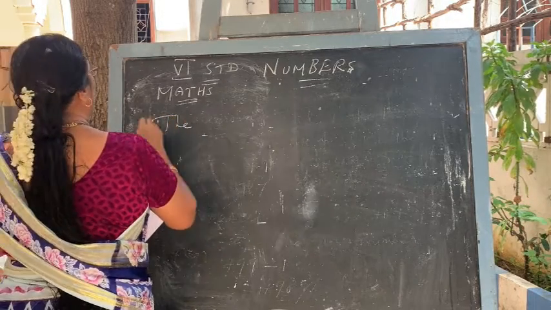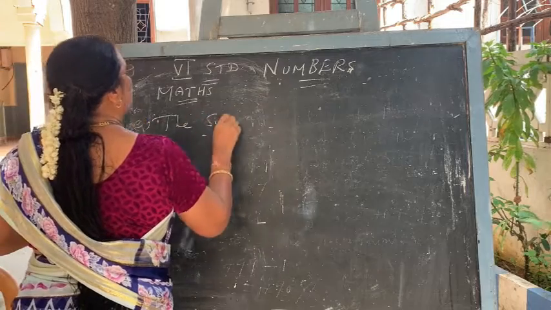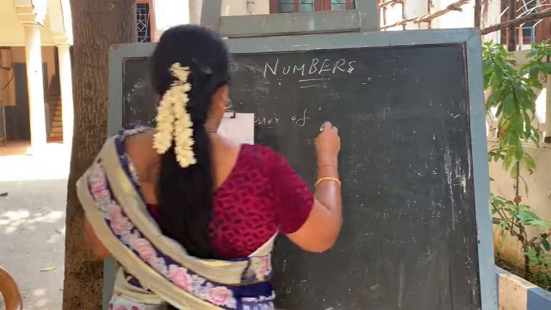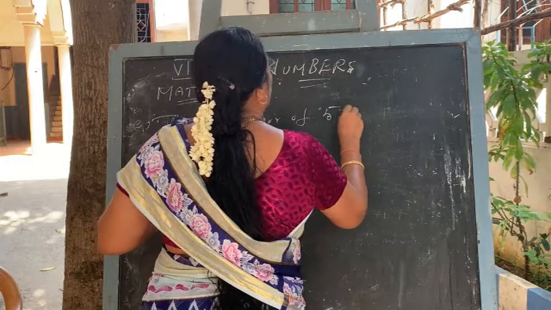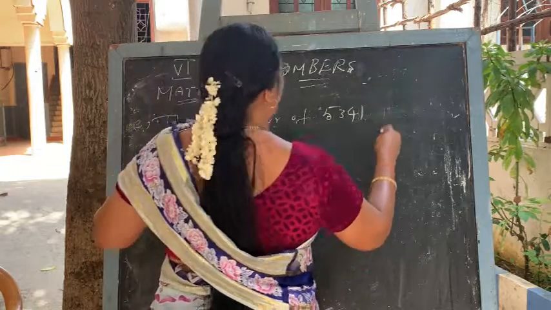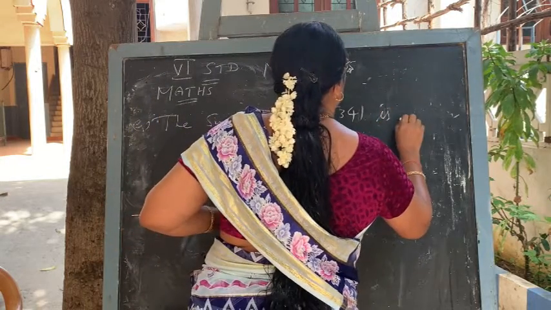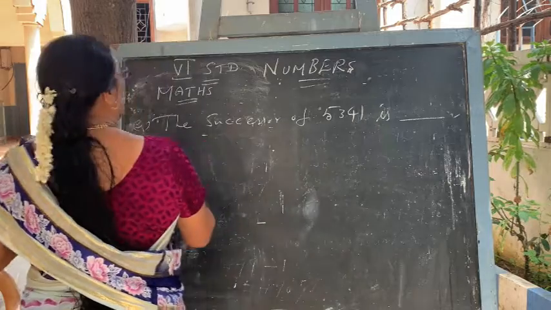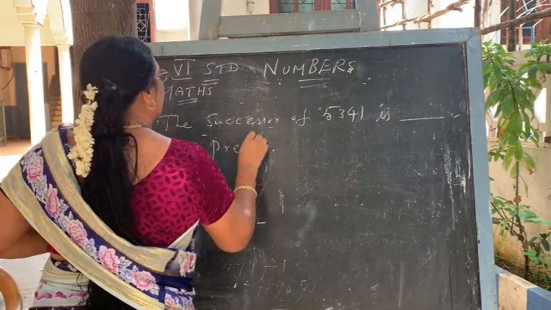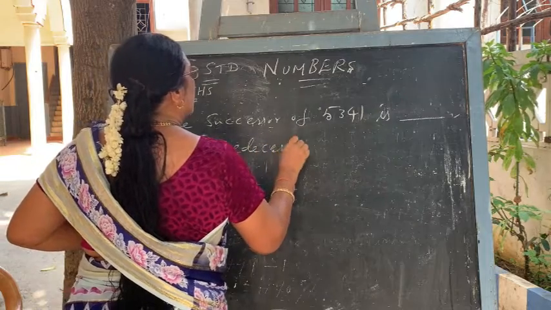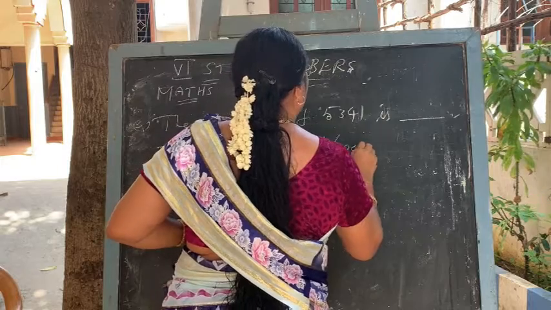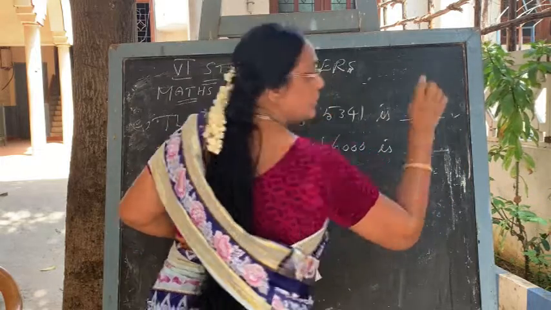The successor of 5341 is what? And the predecessor of 6000 is what?